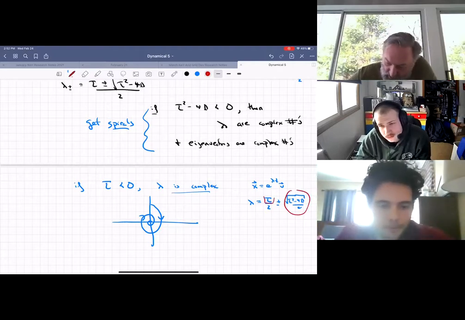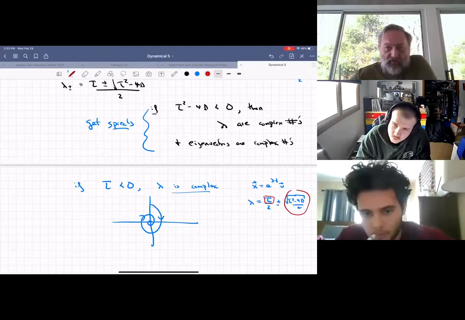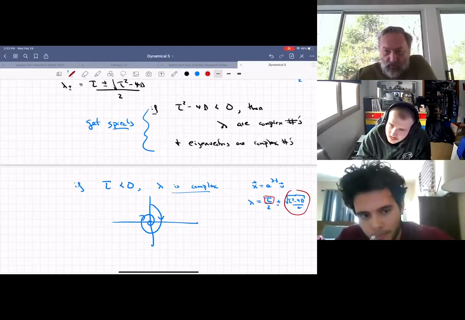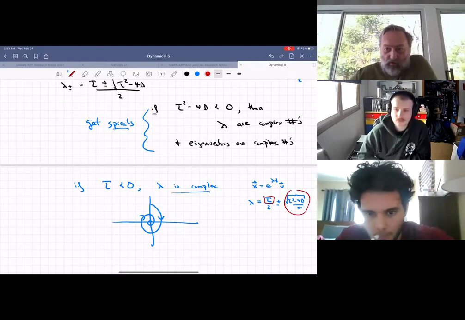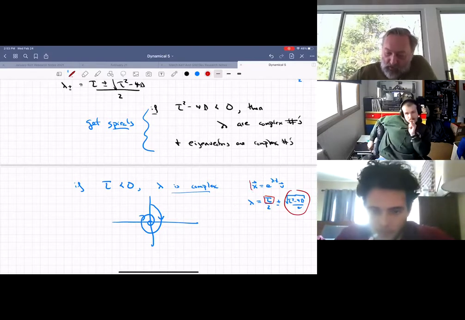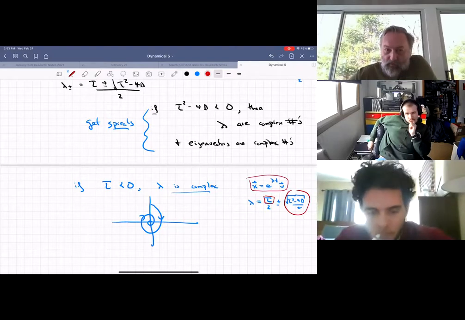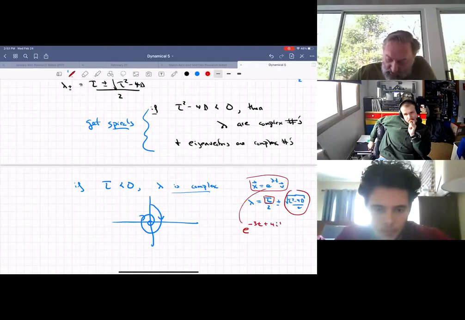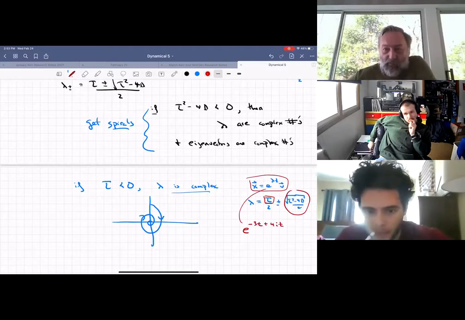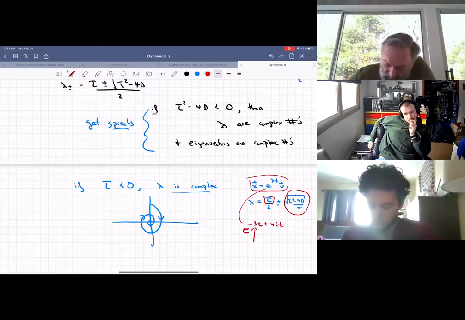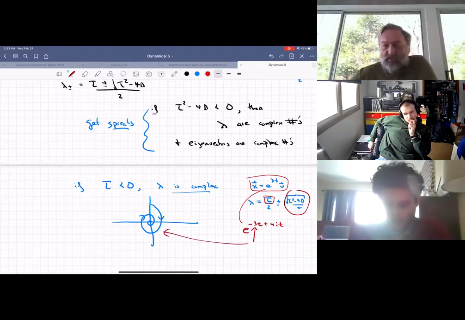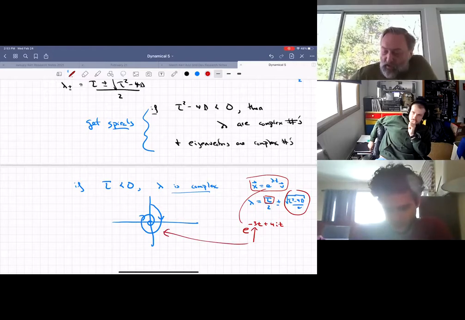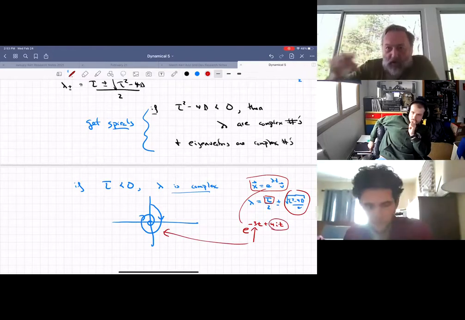It's the sign of the trace which gives the real part of the exponential up here. So if I have e to the minus 3t plus 4it, the minus 3t will lead to an inward spiral of the flow. The complex part will lead to me going around.